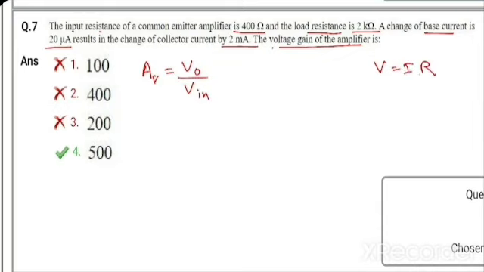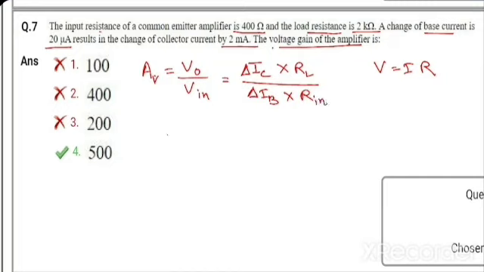So for V output we can write current into resistance, or for the amplifier delta IC, the collector current, into load resistance RL, divided by, for input, base current delta IB into input resistance RIN.